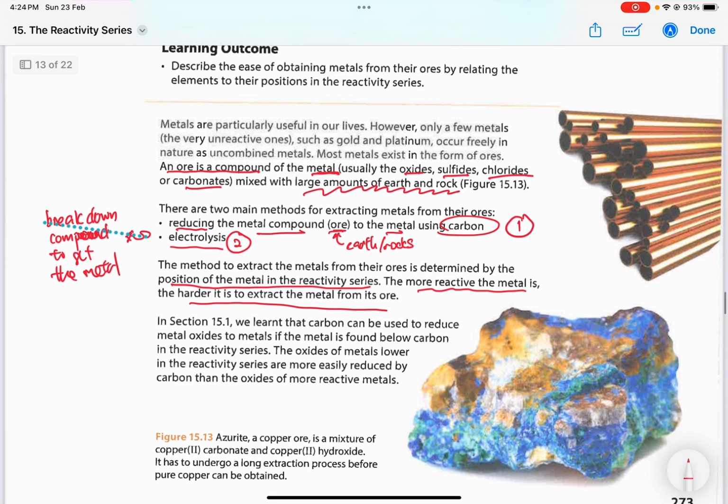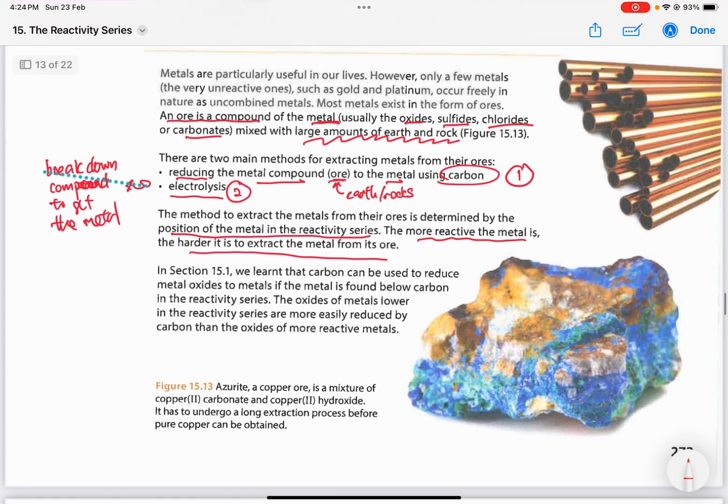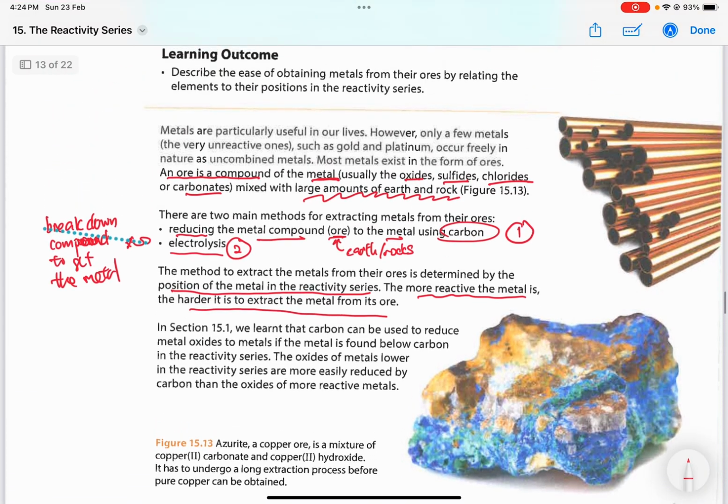So for the more reactive metals, we will tend to use electrolysis. For the less reactive metals, we will tend to use carbon. But when to use electrolysis and when to use carbon, I think that's the main question we'll ask.